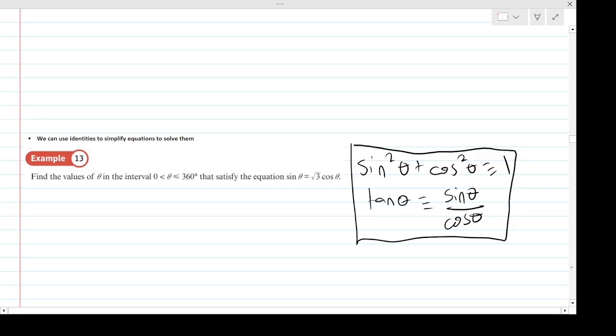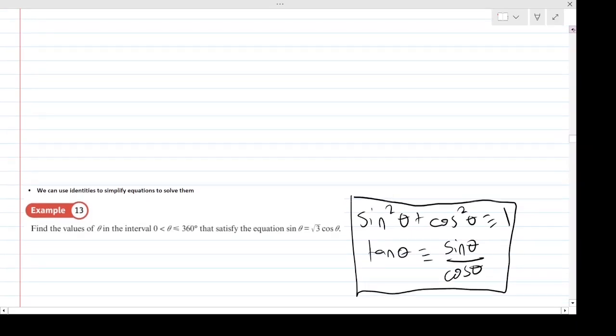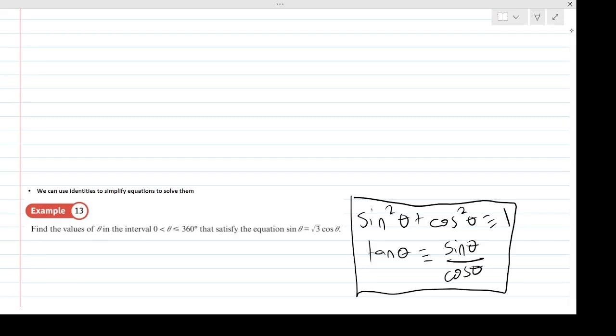Okay, now, before we look at the question, I do want to emphasize, because it does trip some students up in certain questions, the idea that you need to factorize whenever you can.